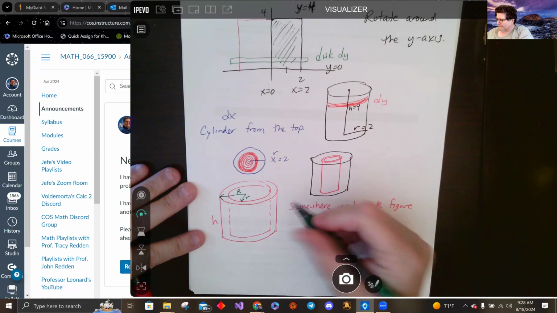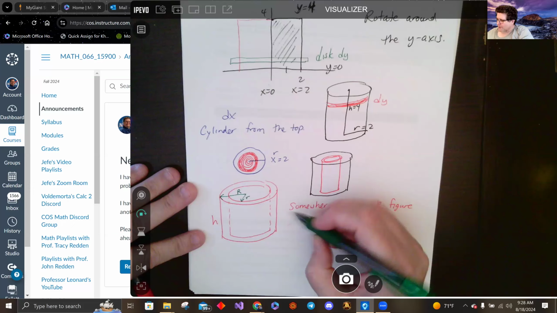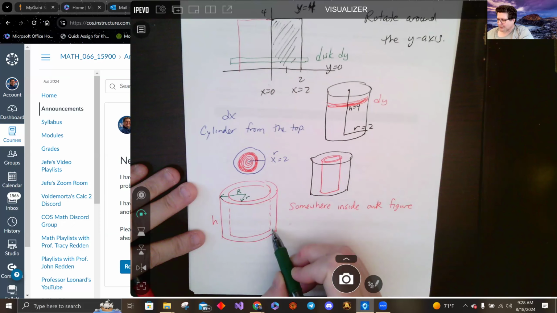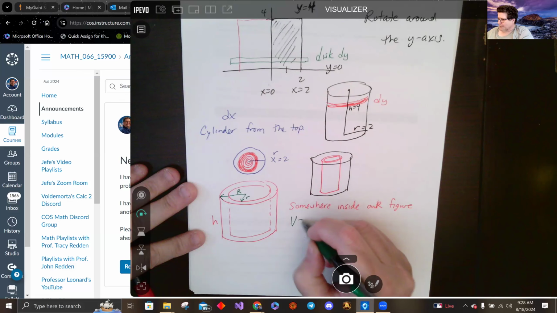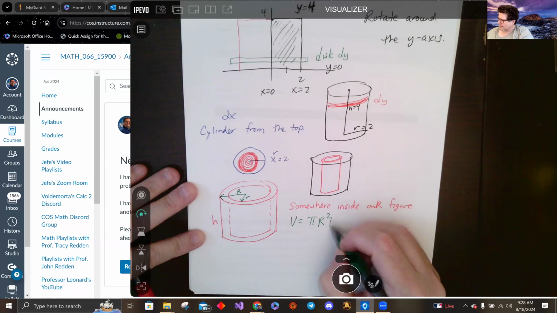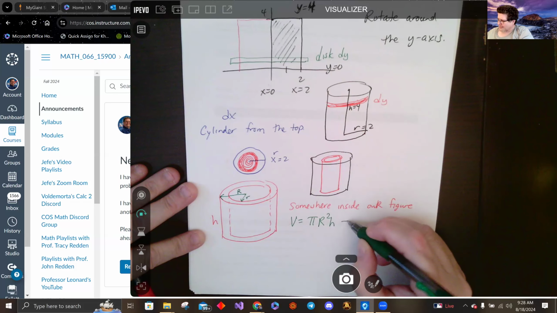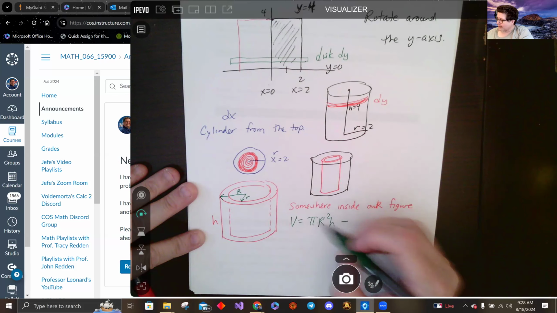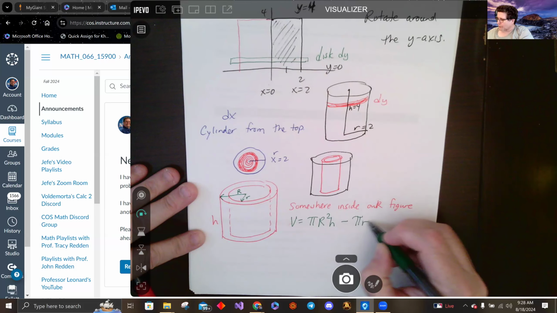So if we were looking at the volume of this, we could take the big cylinder and subtract the little cylinder. So the volume of the big cylinder is pi R squared, the area of the circle times the height, minus the volume of the little cylinder, which is the area of its circle times the height.